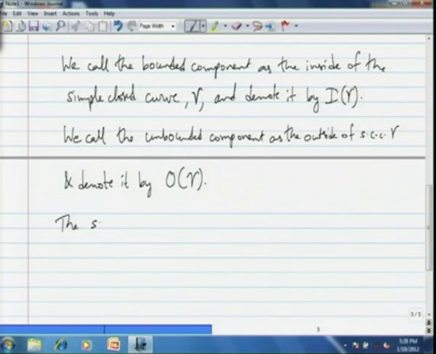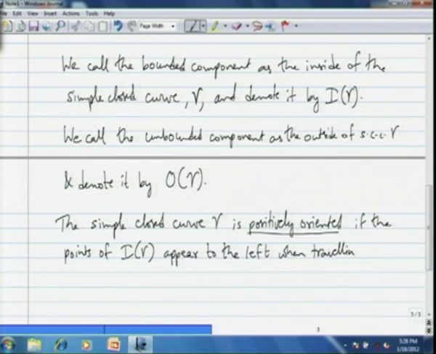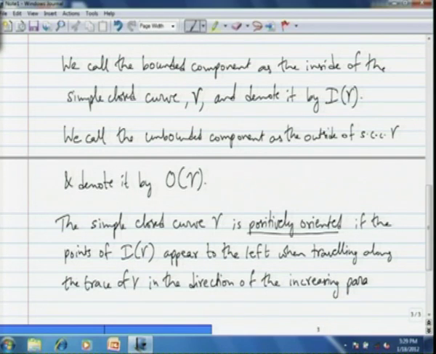The simple closed curve gamma is positively oriented if the points of I of gamma appear to the left when traveling along the trace of gamma in the direction of the increasing parameter of gamma.